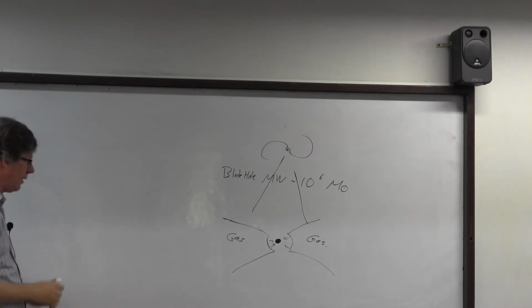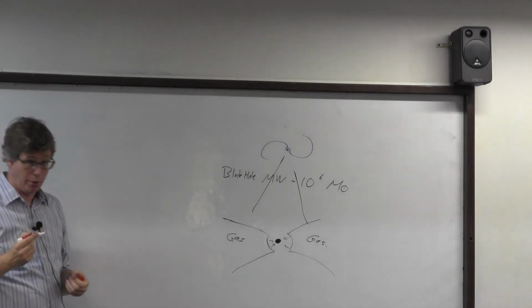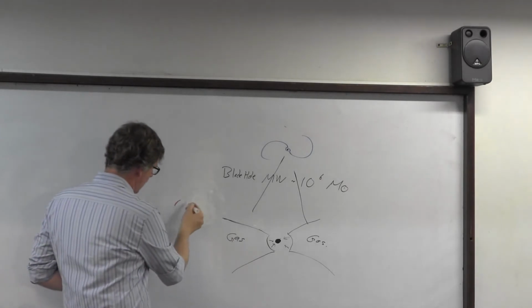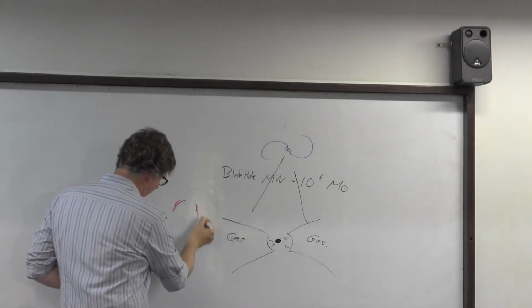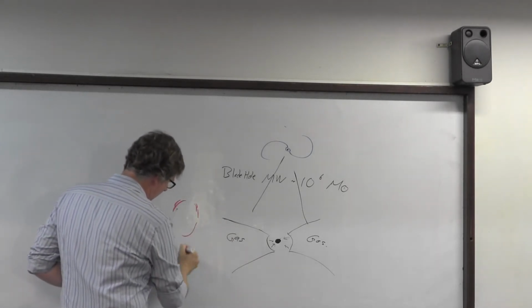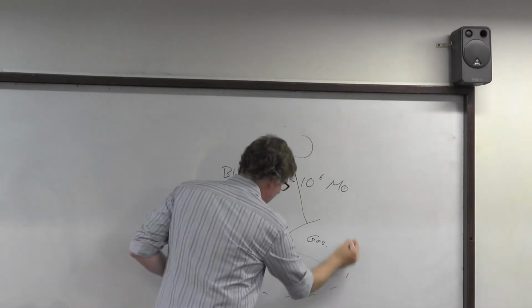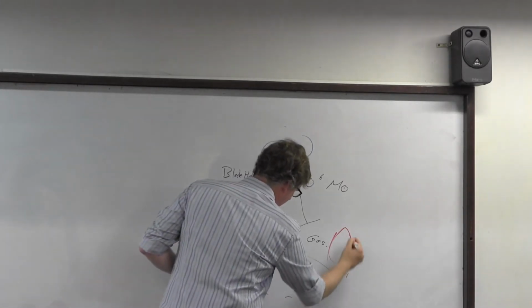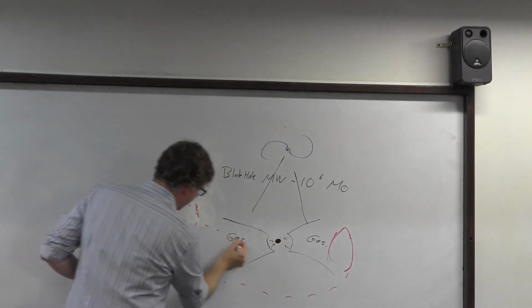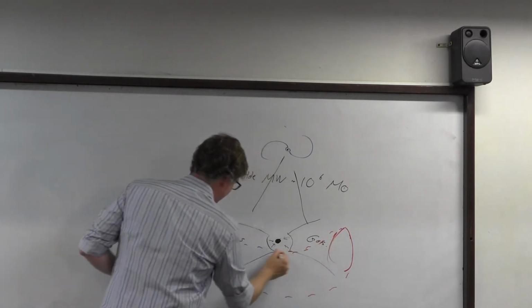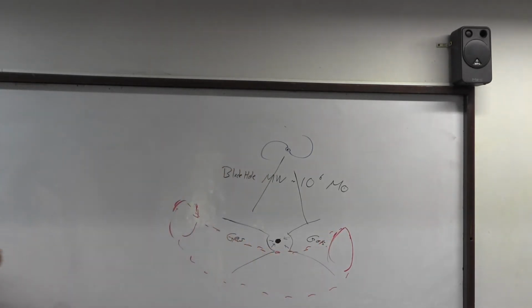And on a bigger scale, we think there is what's called a torus. And that might be related to this one. Doesn't really matter for our argument. Okay, so you have the torus. I'm not very good at drawing, I'm sorry. It's like a donut with a hole that goes around the black hole.